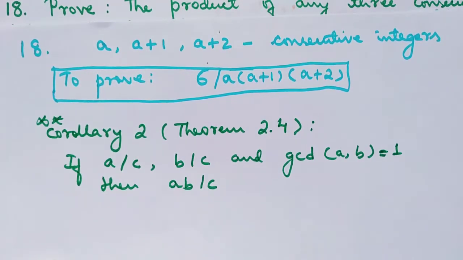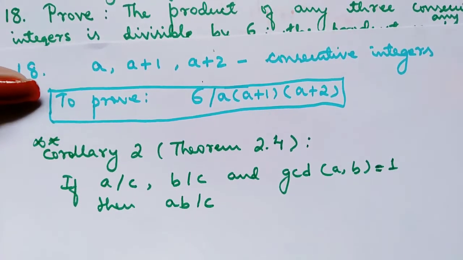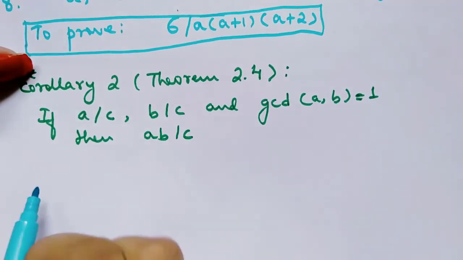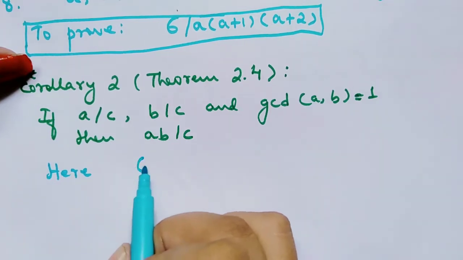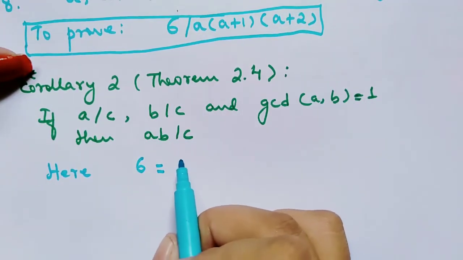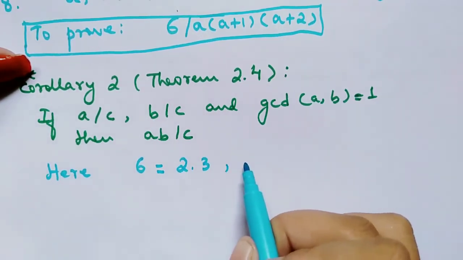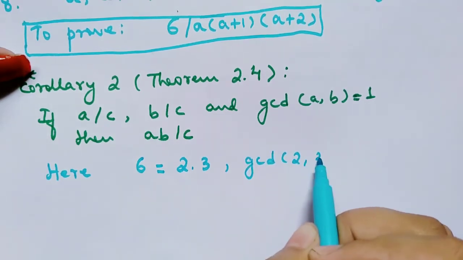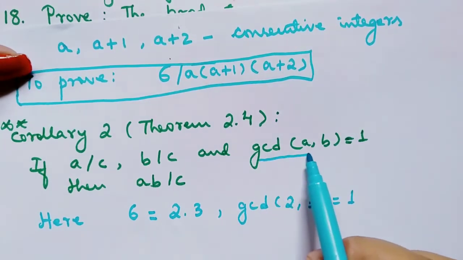We will use this in order to prove the first part, that 6 divides a into a plus 1 into a plus 2. Okay, see here. 6 is a composite number. We can write it as a product of primes, 2 into 3. Here we see that the GCD of 2 and 3 is 1.